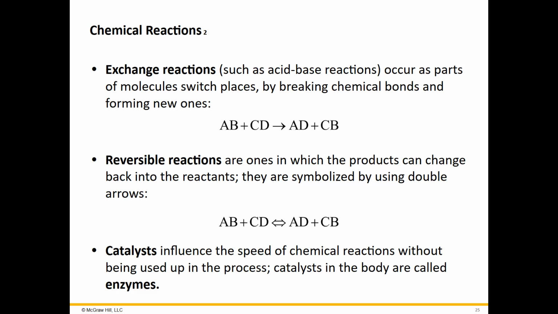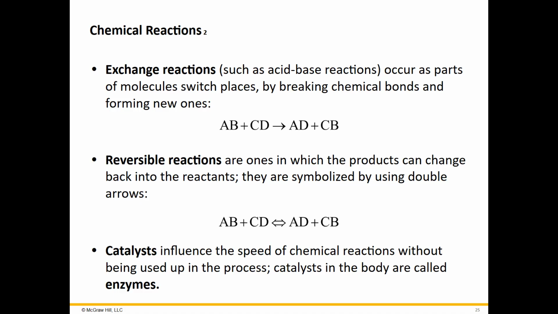But in this reversible reaction, AD and CB can just as easily fall back and become AB and CD. So that would be the reactants AD and CB becoming the products AB and CD. Okay? A reaction that goes both ways, reversible, not rocket science. The reactants and the products change depending on which direction you're going.